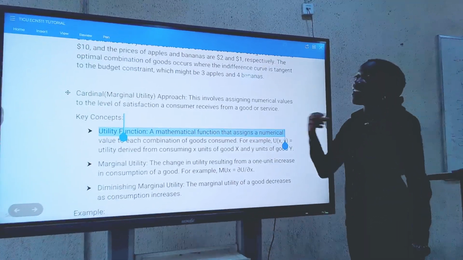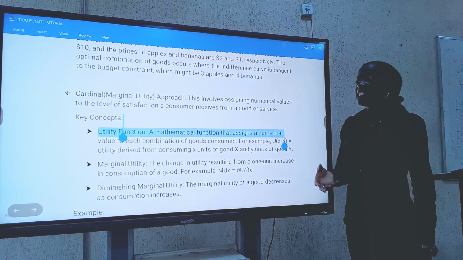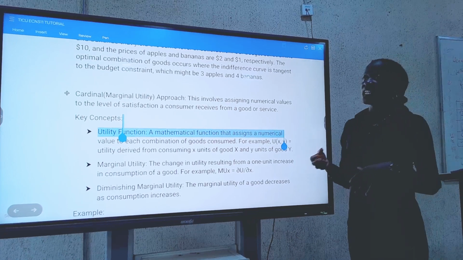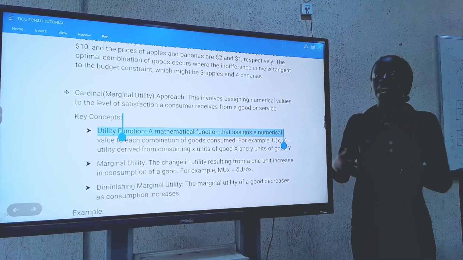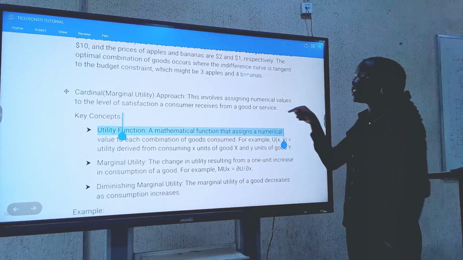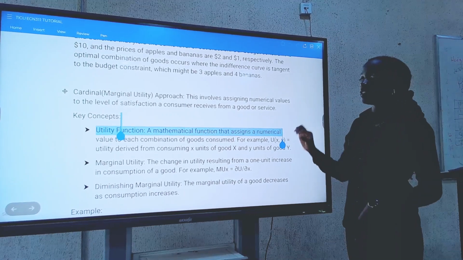But here, a value is actually attached to the utility derived from a good. Let's say I'm consuming biscuits. The cardinal approach believes that they can measure the utility of the biscuit I consumed, and this measurement is usually measured in utils.